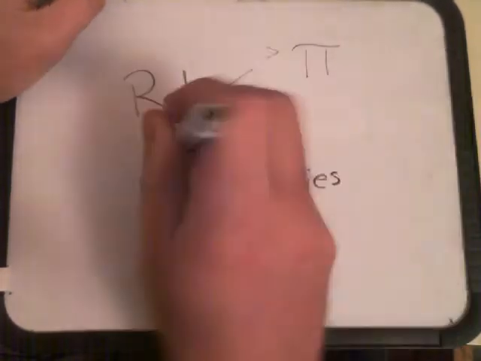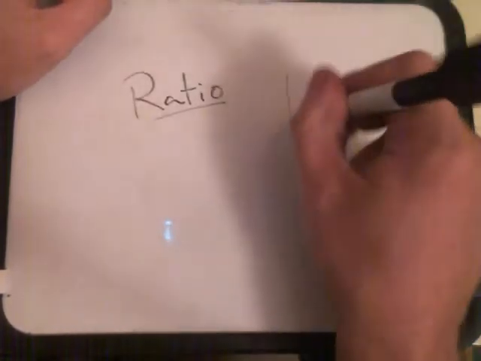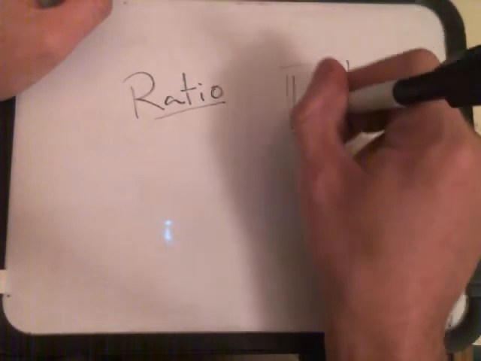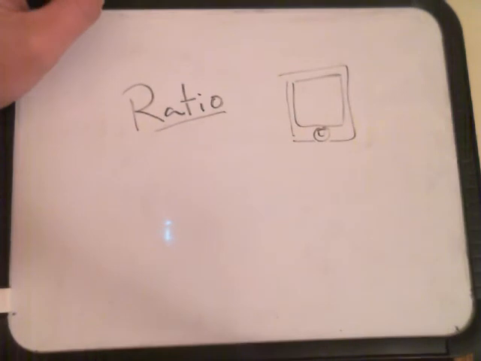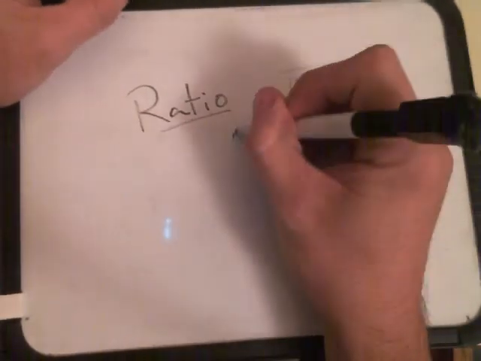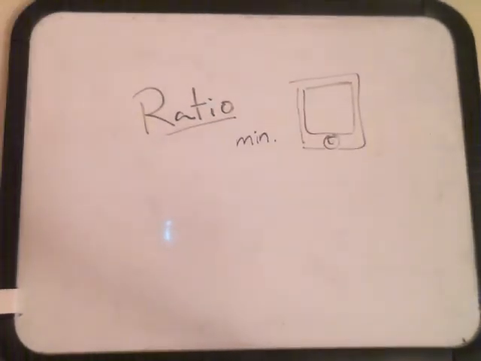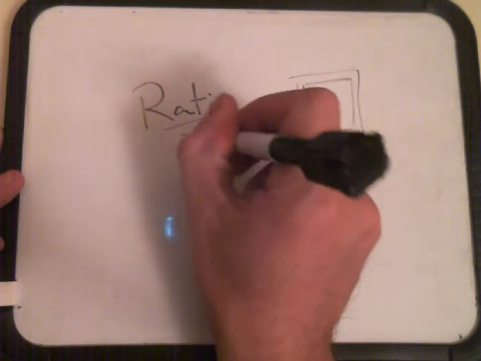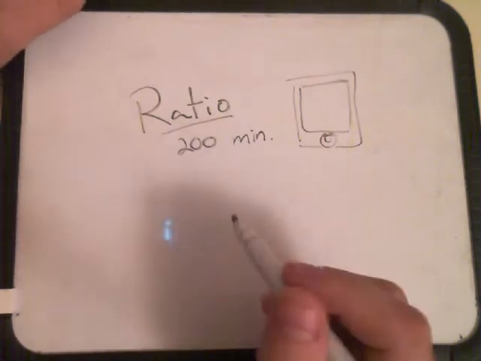If I have, let's think about cell phones. Here's my cell phone. It's an iPhone. And let's say that I wanted to think about the minutes that I use on my cell phone plan. Well, I have 200 minutes on my plan. And let's think about the amount of minutes that I spend talking to people.